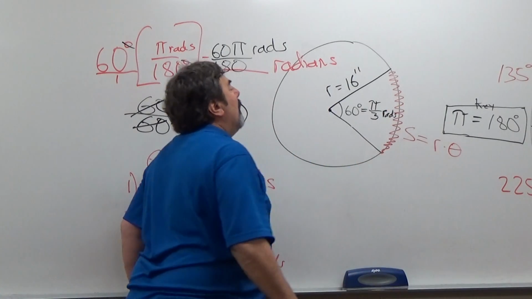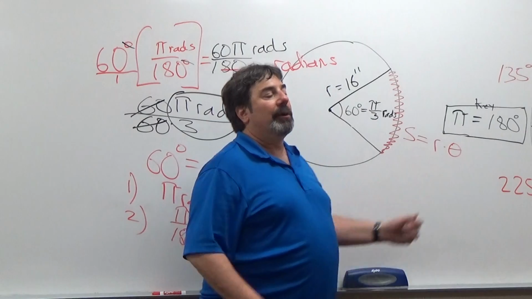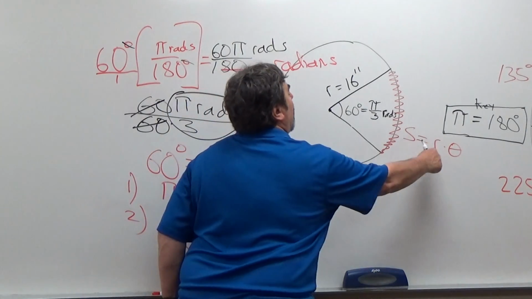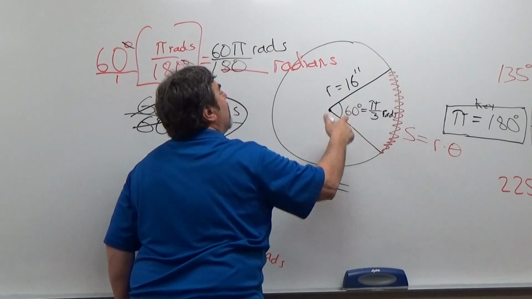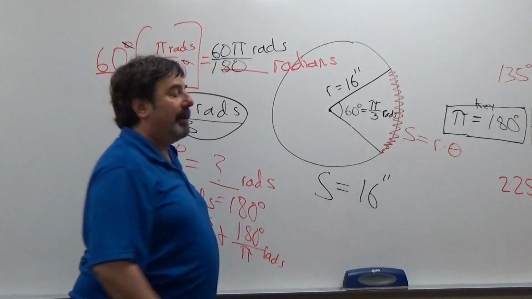And now we can plug into the formula. Here's our formula: arc length S is equal to r, where little r stands for the radius. That's this distance here, 16 what units? Inches. So our answer is going to be in inches. Very good.